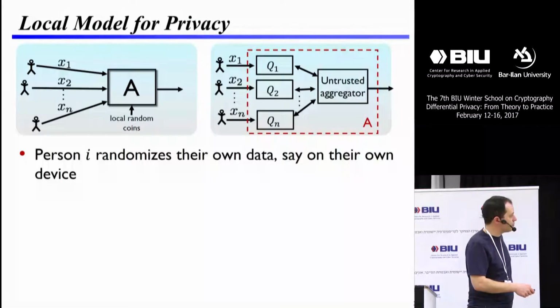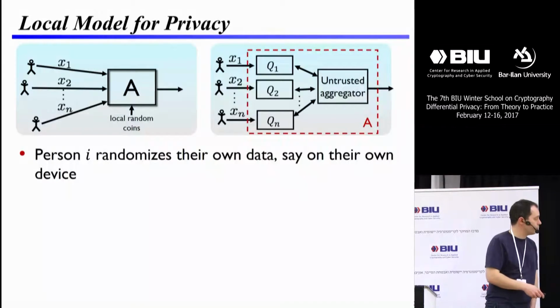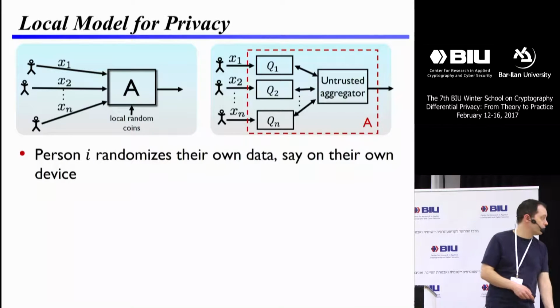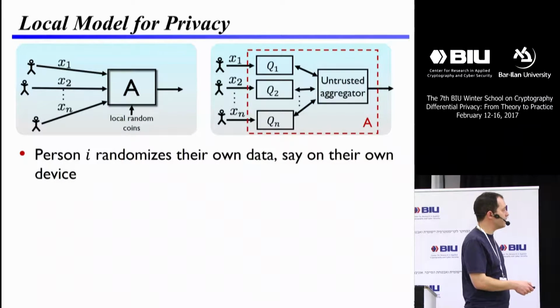The advantage of this model is that we can think of the Qi as running locally on a device owned by the person whose data it is randomizing. For example, that could be your cell phone, or it could be your computer. It could also be that this process is being run for you by some central algorithm, but it need not be.